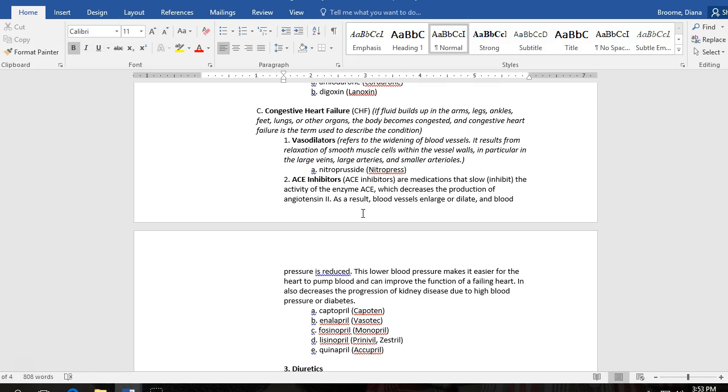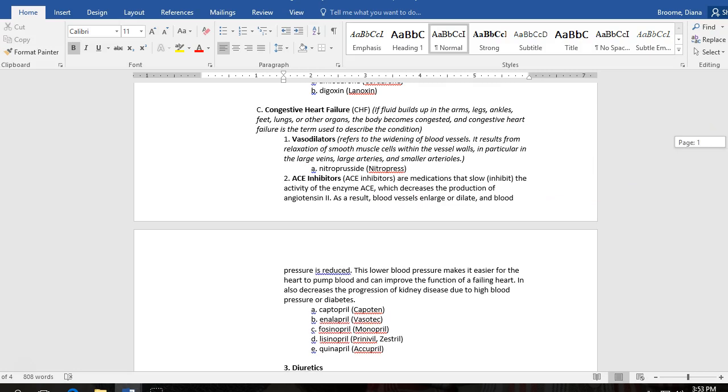But it's important for you to understand that congestive heart failure means there is a buildup of fluid, and it could be in the arms, legs, ankles, feet, lungs, or other organs. The body becomes what they call congested, hence the term congestive heart failure. And there are different categories of drugs that could be prescribed.